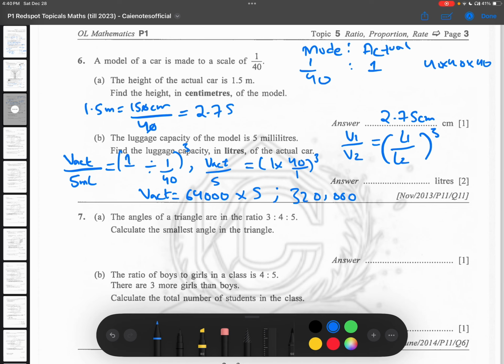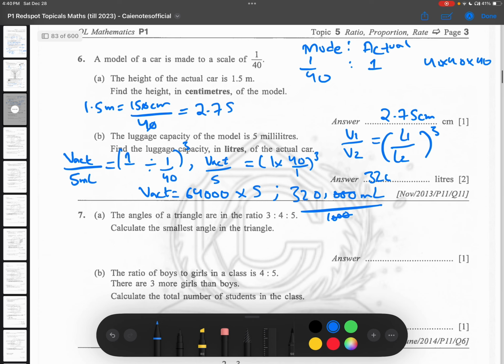And this quantity is in milliliters. So in liters, this will be equal to 320,000 divided by 1000. So these three zeros will be cancelled and we will get 320 liters. So this is the actual volume of the luggage.